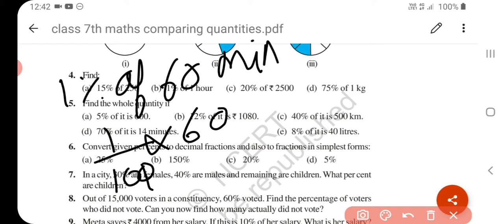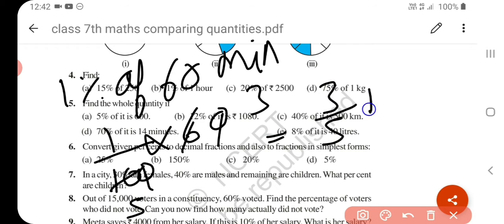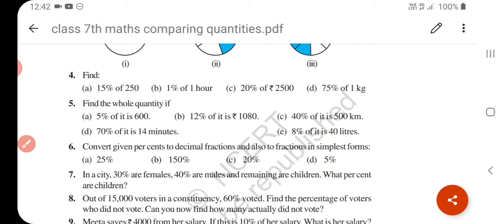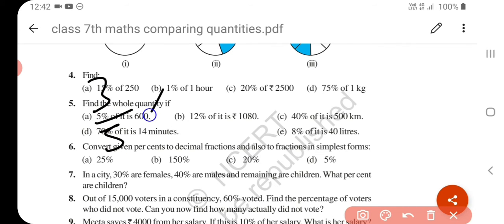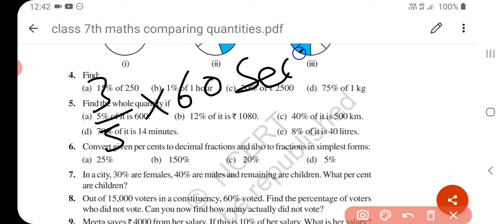Okay, so 0 cancels with 0, 2 3s are 6, 2 5s are 10. So it becomes 3/5 minute. But if you want to convert it into seconds, then you know 1 minute is equal to 60 seconds. So you can also write 3/5 into 60 seconds. 5 1s are 5, and 1 left, 5 2s are 10, 12 3s are 36.